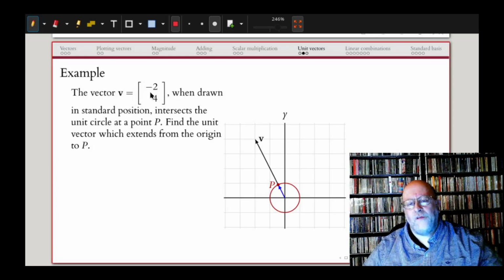This is vector negative 2, 4. That's negative 2 units to the left, 4 units up.